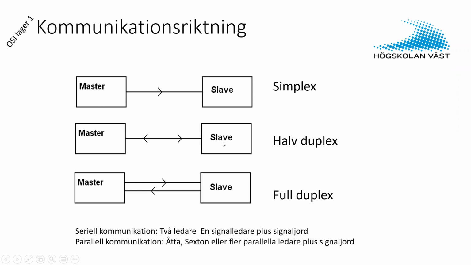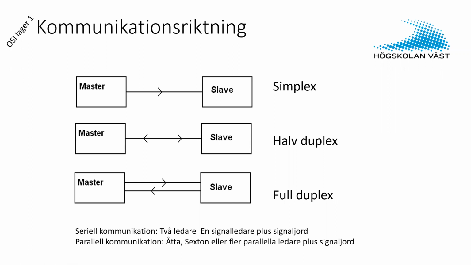Half duplex, then you take turns. So one at a time in half duplex. But full duplex, you have double links in some way, so you can communicate at the same time. And what about wireless transmission?